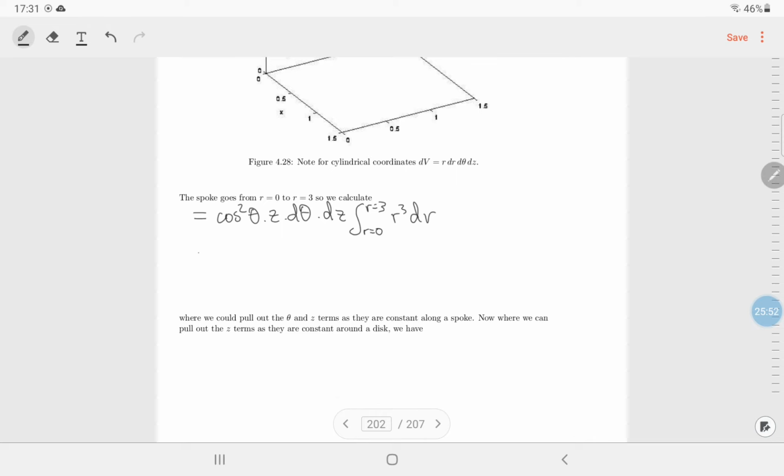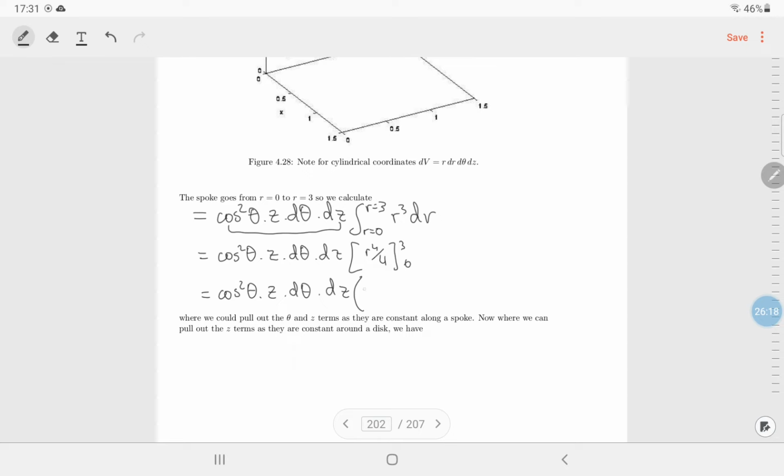I won't use this. You could call this thing something to make your life a bit easier, but I won't here. Cos squared theta z d theta dz, integral of r cubed is r to the 4 over 4, and we're going from 3 to 0. So this is cos squared theta z d theta dz, top limit minus bottom limit.